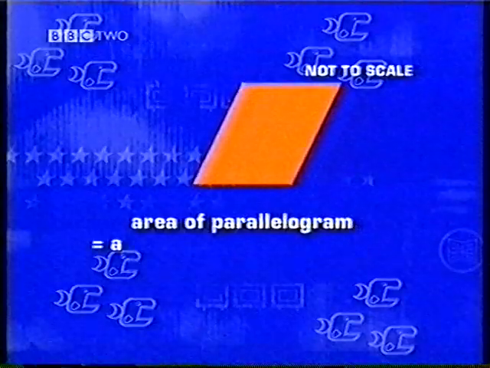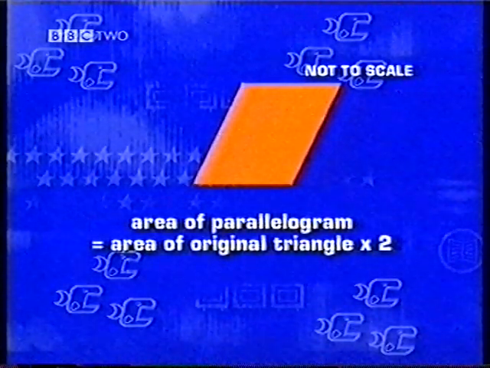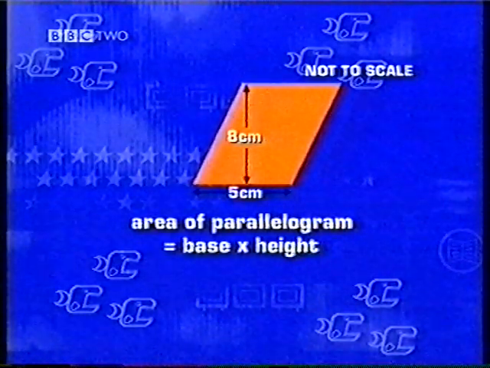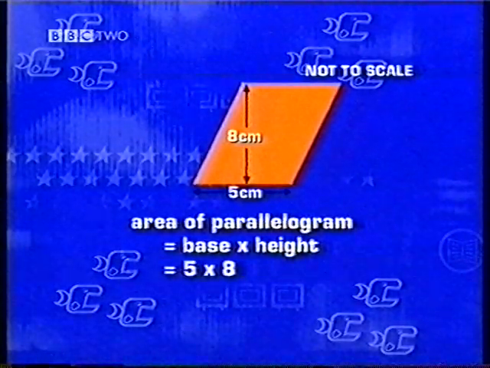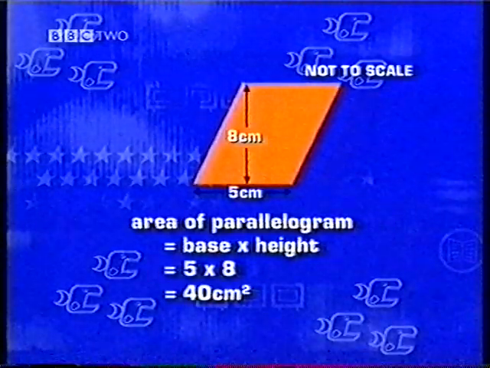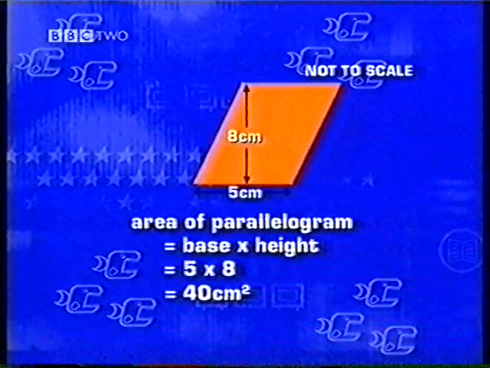The parallelogram should have an area that's twice the area of the original triangle. The base of the parallelogram is 5 centimetres and its height is 8 centimetres. Its area is base multiplied by height. That's 5 multiplied by 8, which is 40 centimetres squared. That's indeed twice the area of the triangle.